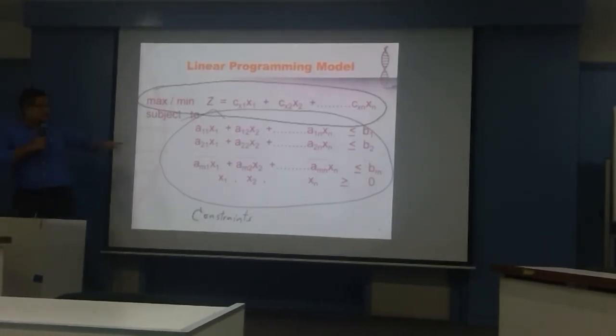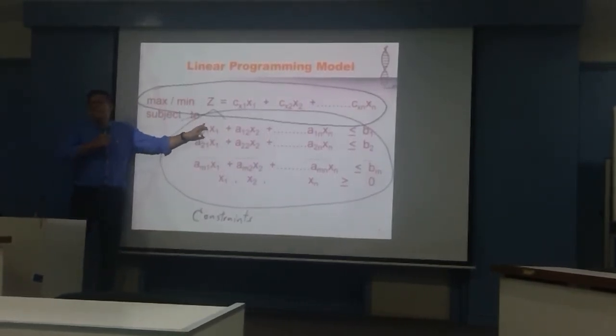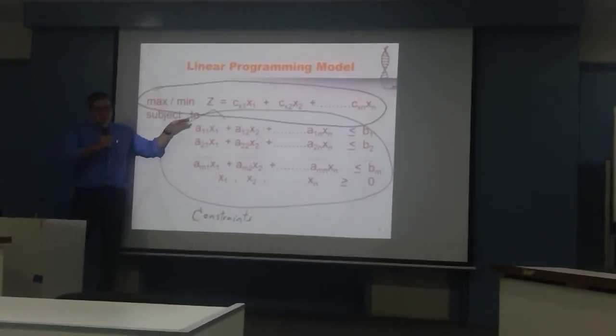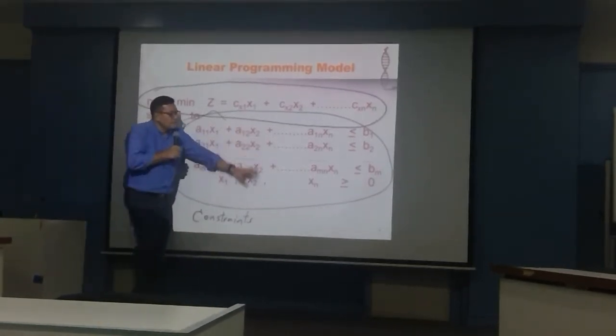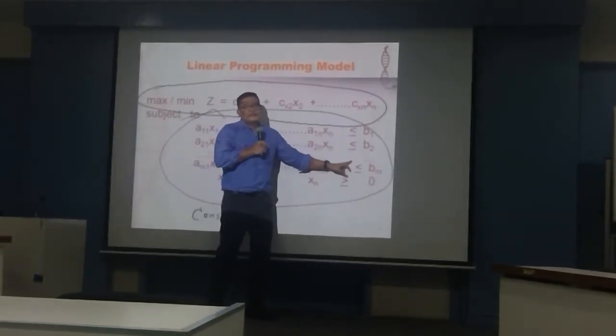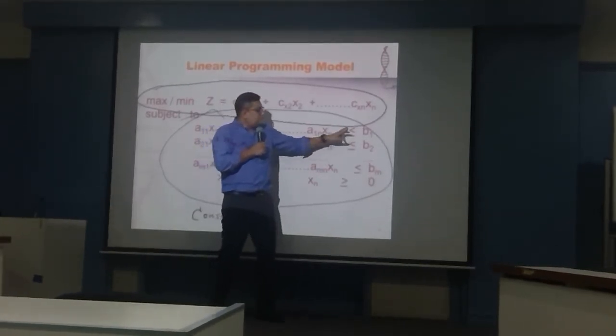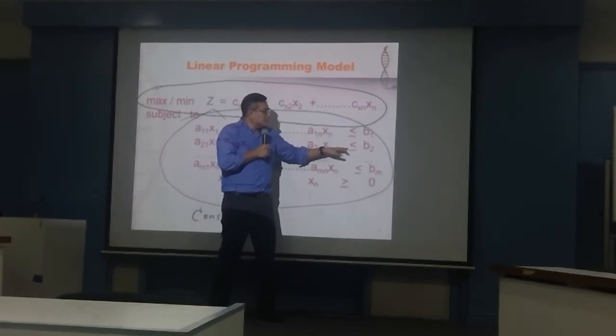So that means 10 X1. It's the fact, the relationship of each specific resource in your constraint. This is fact. And the sign can be changed based on the problem. Greater or equal, less than or equal, or equal.